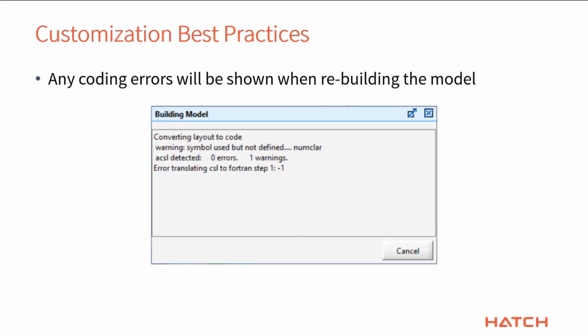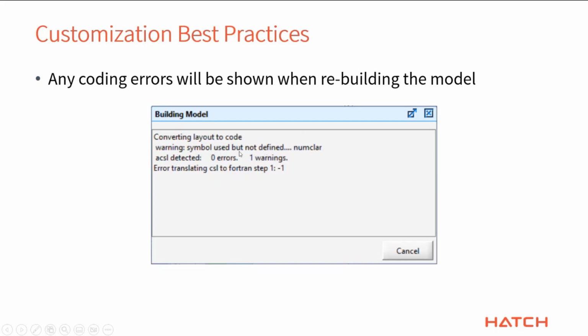So if you make a mistake, if you actually have a typo or a syntax error or what have you, when you go to the building section, which you saw several times as I was doing things here, you'll get this converting layout to code, and then it'll stop and it'll say Axel detected an error or warning. And here it is, symbol used but not defined.